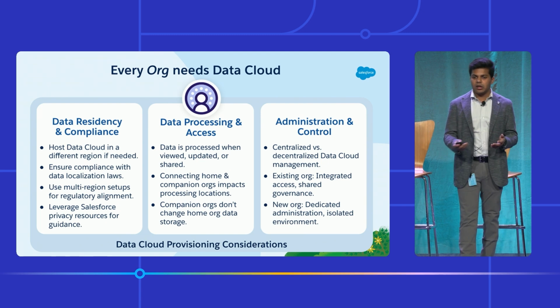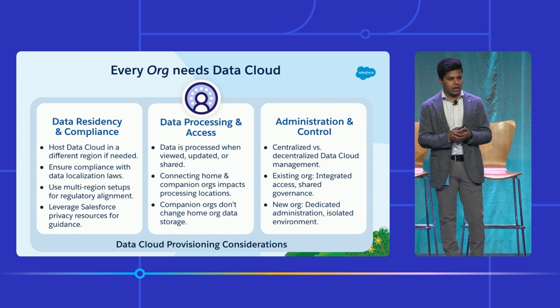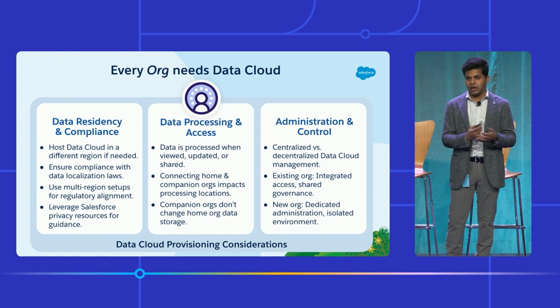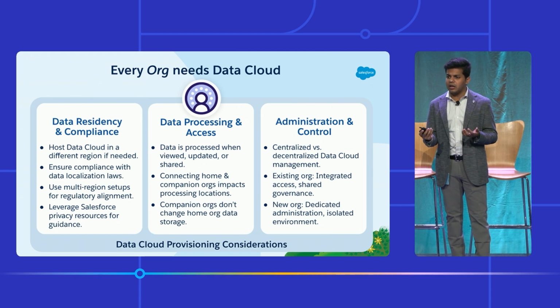First thing is obviously data residency and compliance requirements. Data Cloud is a separate tenant today, which gets provisioned associated with your core org. Currently we support around 14 plus regions in AWS.